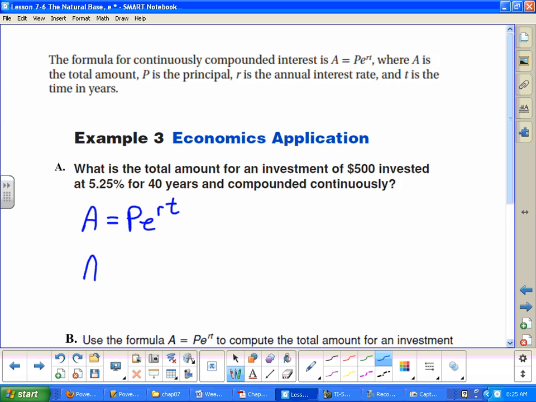So A is equal to 500 times e raised to the power of 0.0525 times 40.